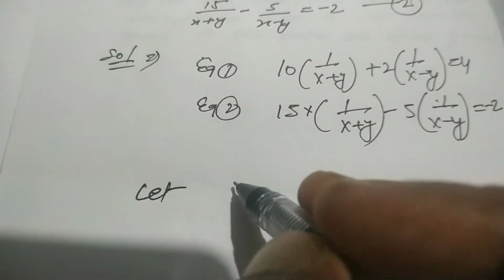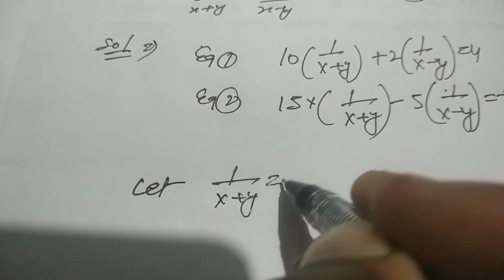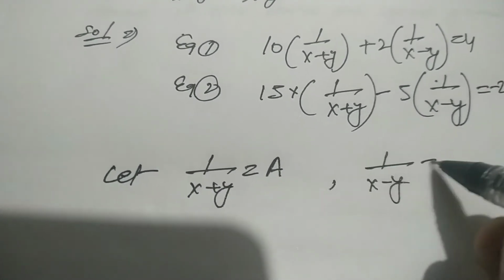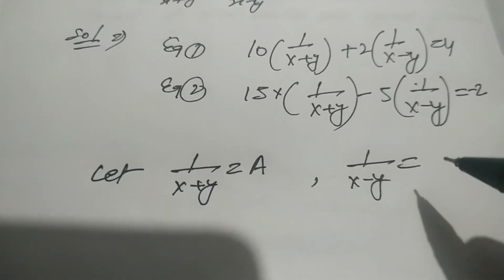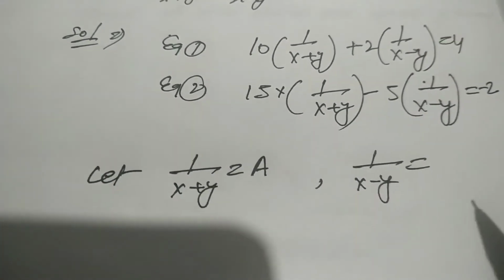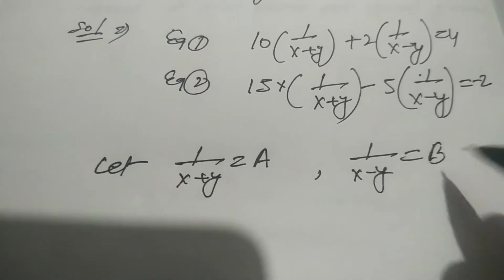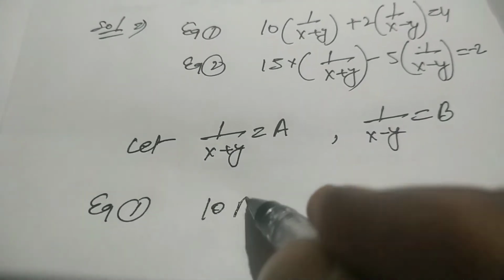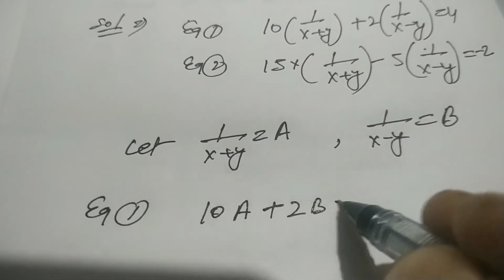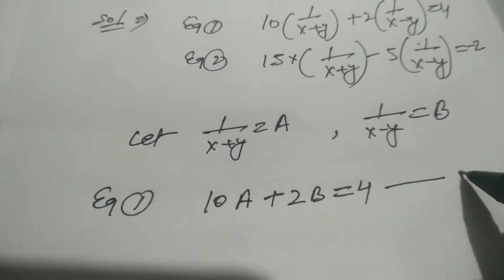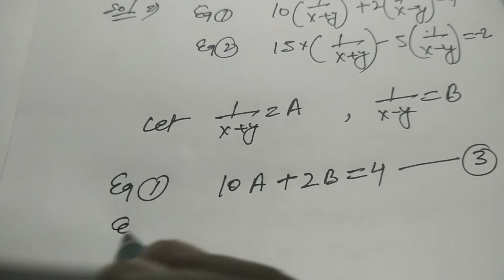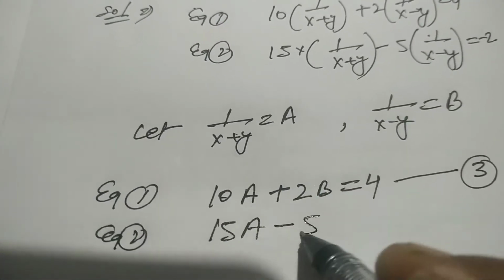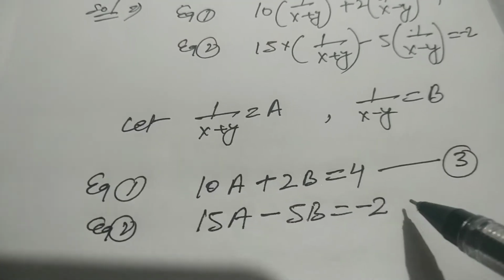Let 1 upon x plus y be A, and 1 upon x minus y, which is common in equations first and second, let this be b. Now equation 1 becomes 10a plus 2b is equal to 4. Write it as equation number 3, and equation 2 becomes 15a minus 5b is equal to minus 2, equation number 4.